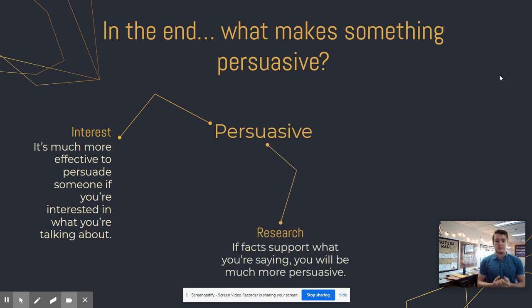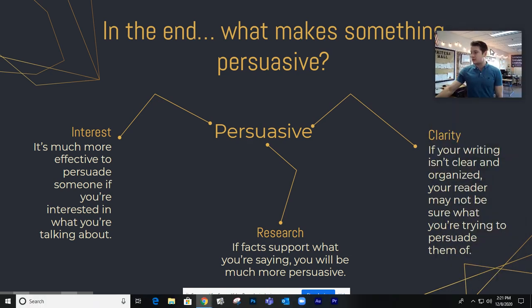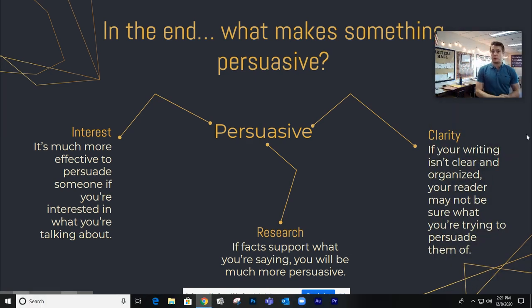If facts support what you're trying to convince your reader of, it's going to be much easier to convince them if you have researched it and you have facts to support or back it up. The 3rd thing is clarity. This is super important, you guys. If your writing isn't clear, if it's not clear what you're even talking about, you're probably not going to persuade the person because they don't really even know what you're talking about.